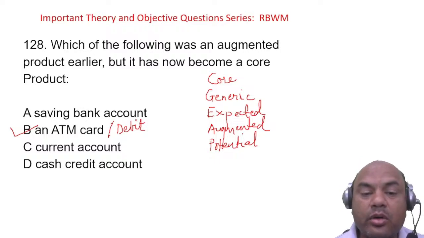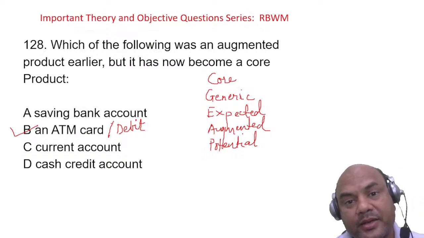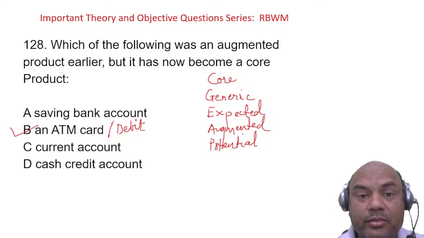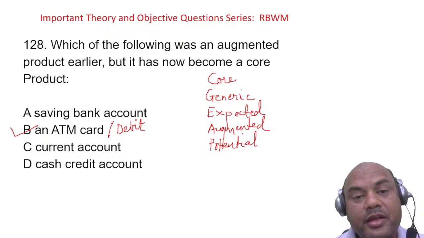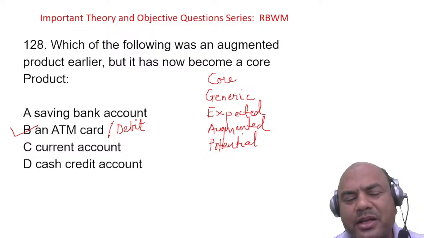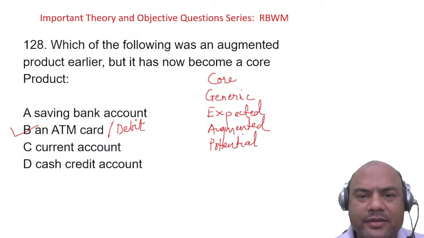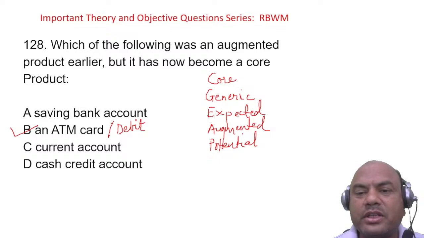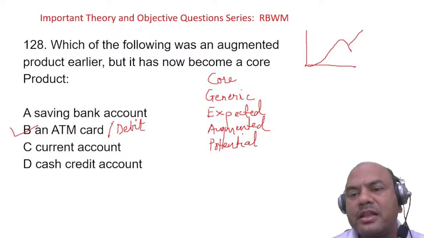So this was an augmented product earlier. It was a surprise element for the customers 10-20 years back. Oh, debit card, my God. I can purchase this, I can purchase that, I can shop. Now, people have stopped using the debit card, right? There is no debit card being used because of UPI. So if you draw this PLC, this debit card is over here, decline.